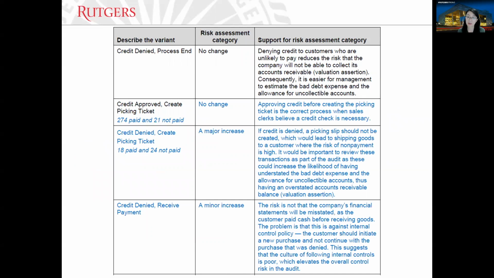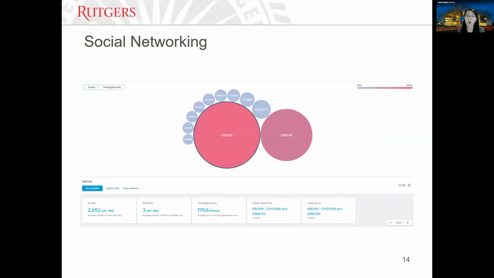From the auditor's perspective, during their risk assessment, auditors may reconsider the risk level associated with each variant. In this case, auditors can consider increasing the risk level for the non-acceptable variants. Users can also perform social network analysis to check whether the firm has any segregation of duty issues.